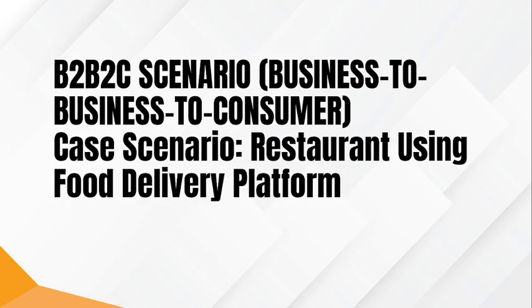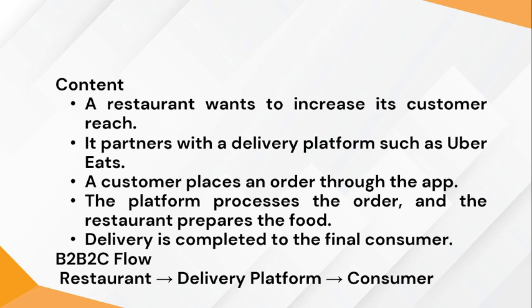Now this is a comparison between the business-to-business B2B scenario and a case scenario of a restaurant using a food delivery platform, which we have already discussed. When the restaurant wants to increase customer reach, it partners with a delivery platform such as Uber Eats.